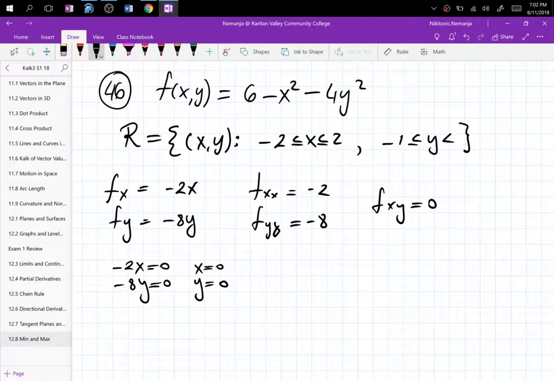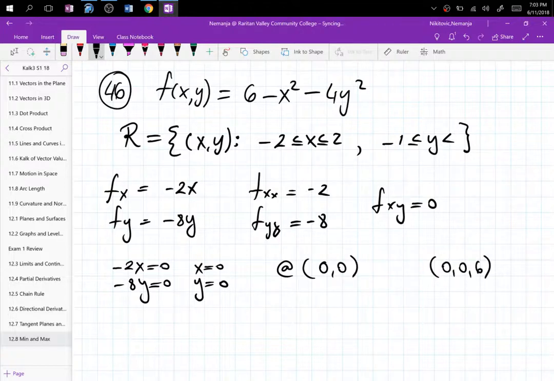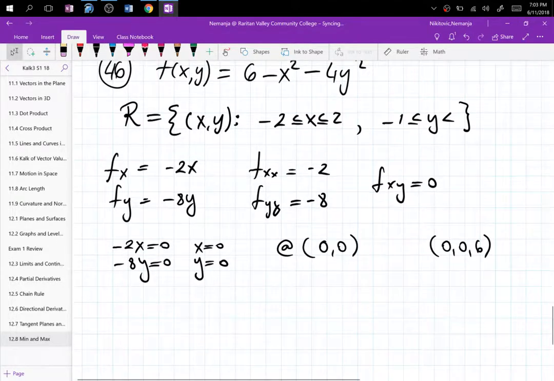So the only point that I have is at 0, 0, which is the origin, right? Now, if I want to calculate the point, it's 0, 0, 6. When I plug in zeros in the original equation, I get 0, 0, 6 as a point. But currently, I just worry about the discriminant.